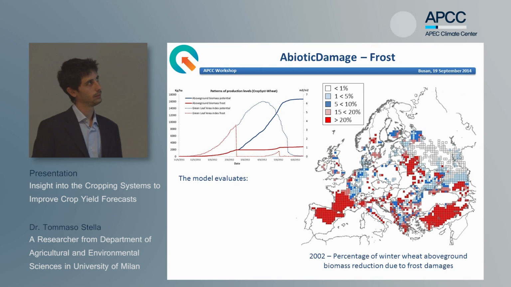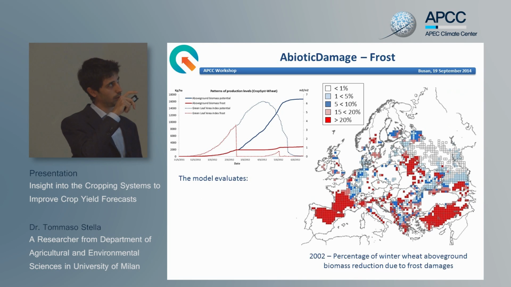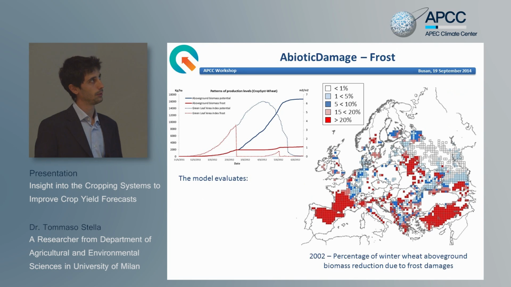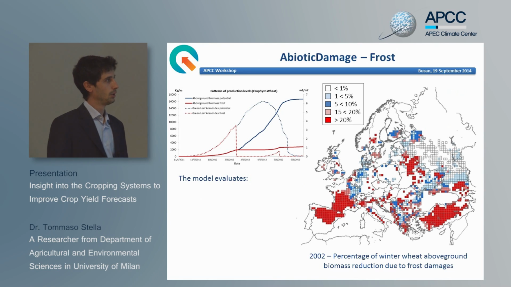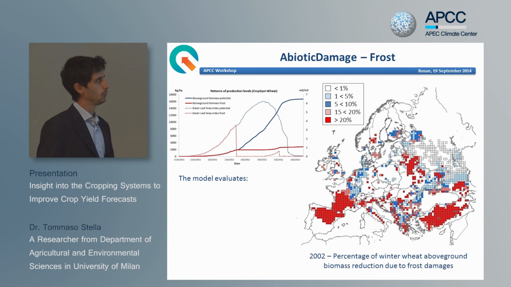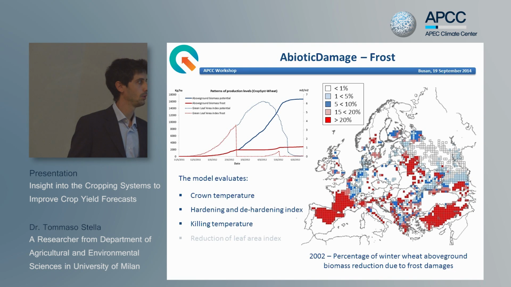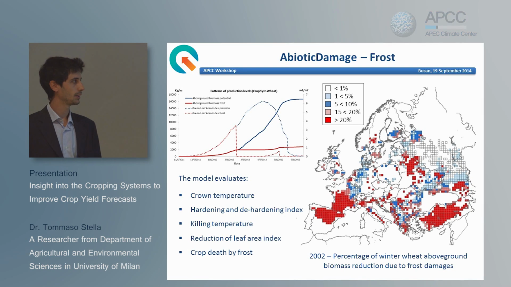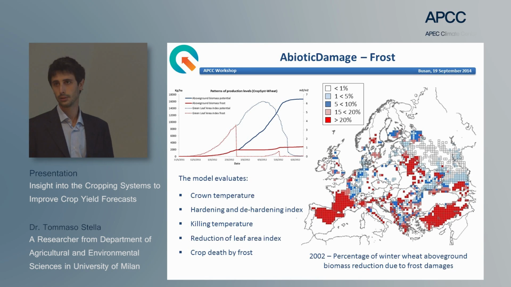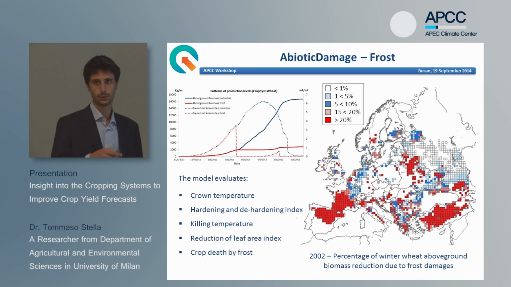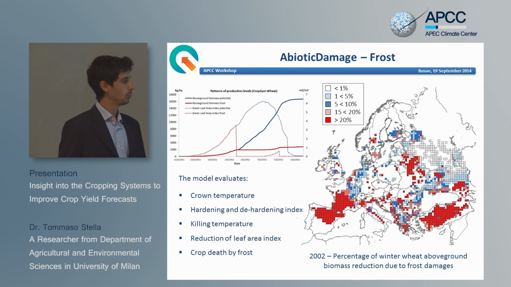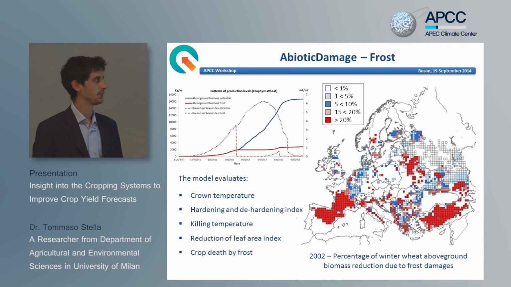Then the last model I will present is the frost damage, as it is implemented in AbioticDamage. And this model evaluates the crown temperature, hardening and dehardening indexes, the killing temperature, again, a reduction of leaf area index due to frost, and possibly the crop death by frost.